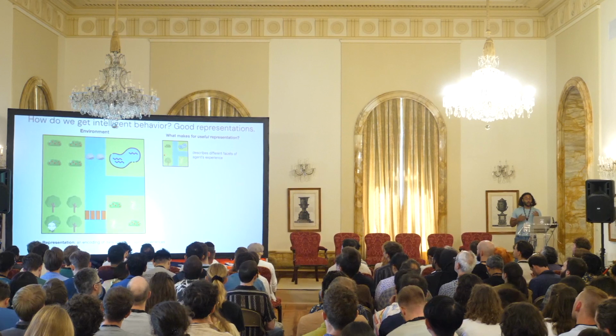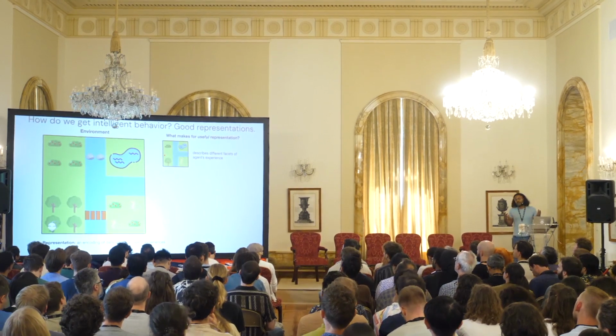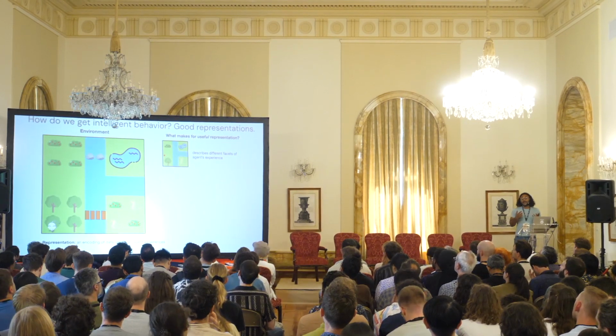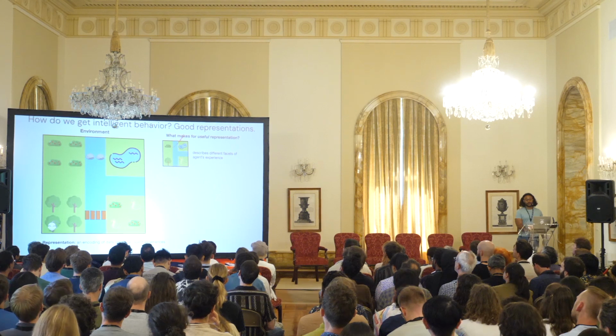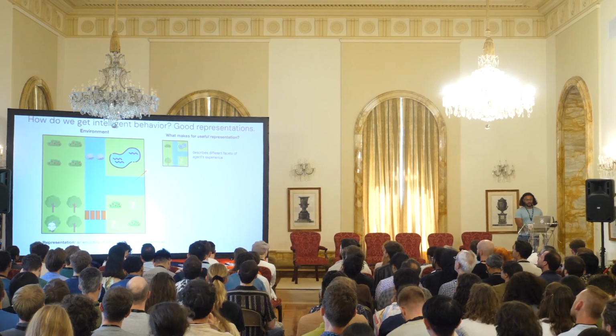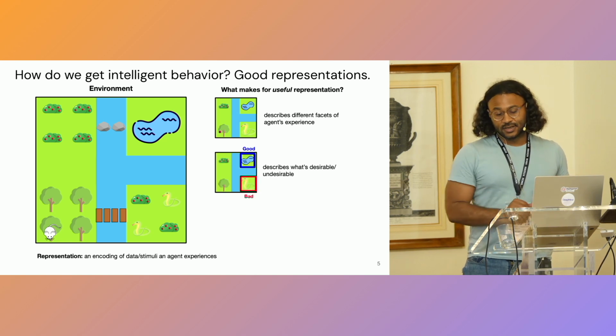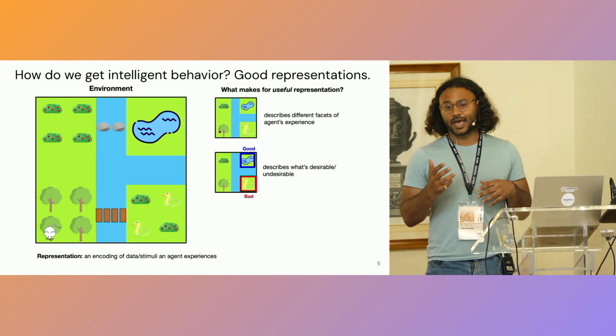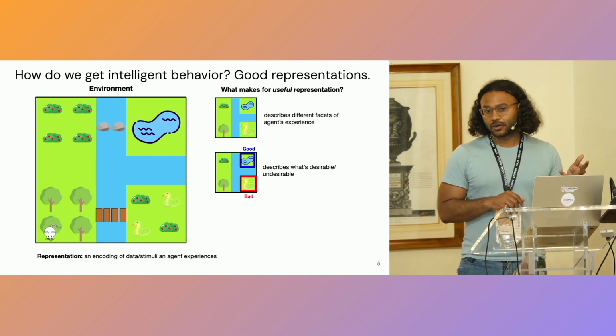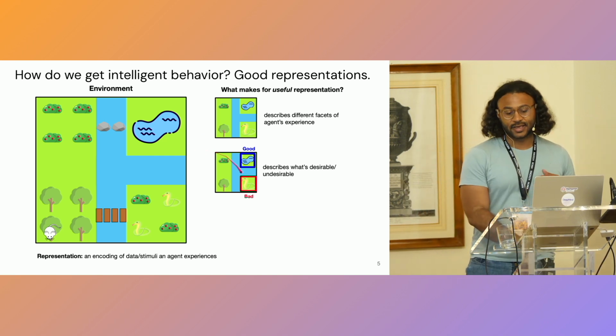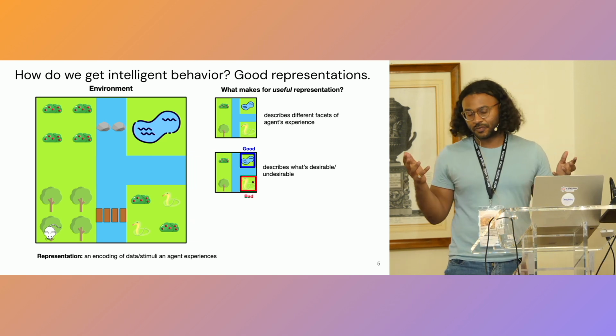So a representation is useful. At least one thing is that it describes different facets of the agent's experience. So for this mouse, it describes that there are berries and a pond and a snake and trees. Something else is that it describes what's good and what's bad. So for example, the water in the pond is good, and the snake is bad because maybe you'll get hurt from that.